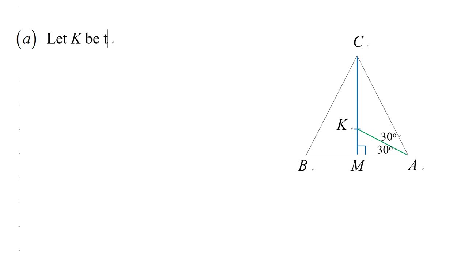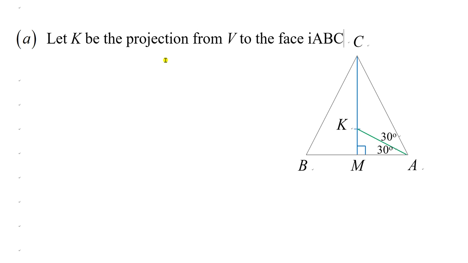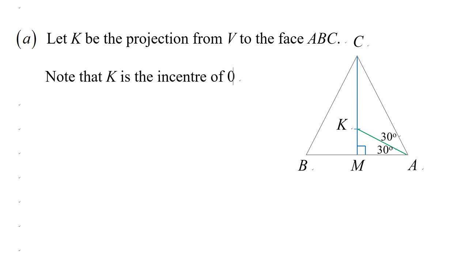Let K be the projection from V to the face ABC. And hence, note that K is the incenter of triangle ABC. Therefore, angle KAM would be 30 degrees.